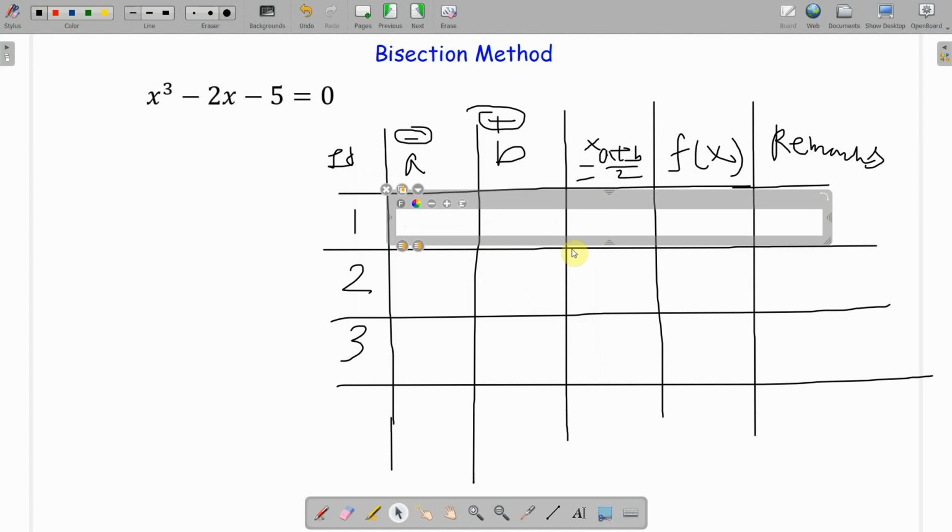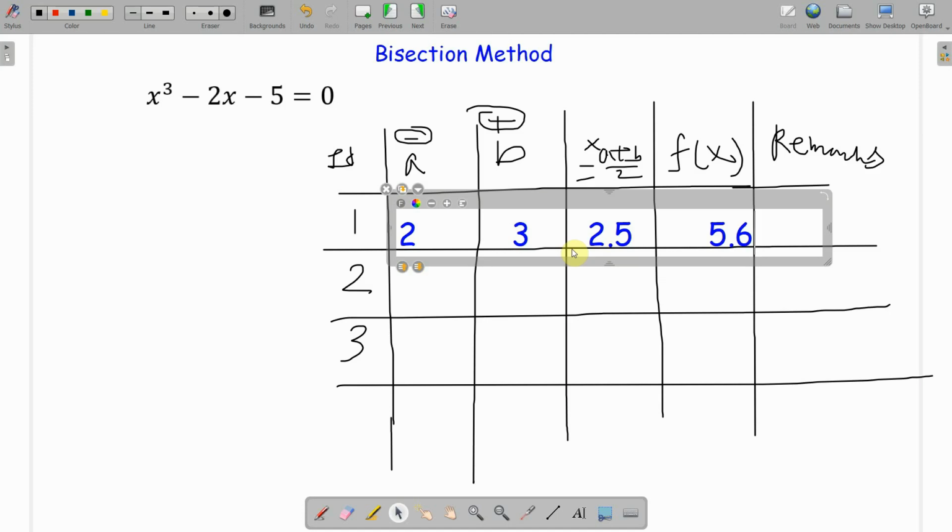At which point are you getting what? What is your initial A and B point? A is 2 and B is 3. Are you sure? A is 2 and B is 3. Yes. Okay. So what will be the x value? The x value is 2.5, and the f(x) value you are getting is 5.6953. Everyone getting the same?